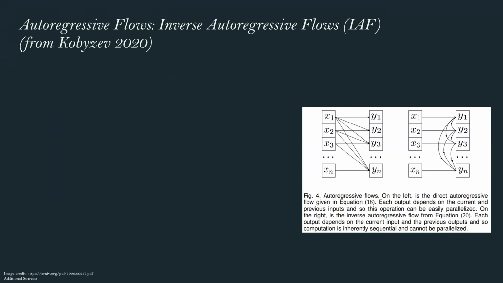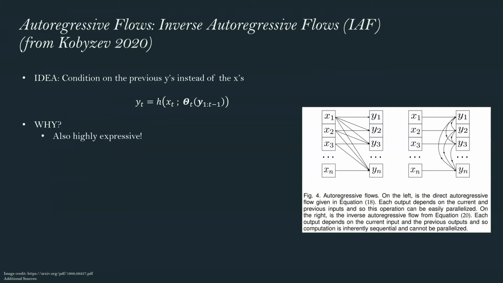So we do a slightly different architecture. The idea for the inverse autoregressive flows is we're going to condition on previous y's instead of previous x's. So now notice what has changed: our conditioner is not a function of x1 through x t minus 1. It's now a function of y1 through y t minus 1. So why would you do this?